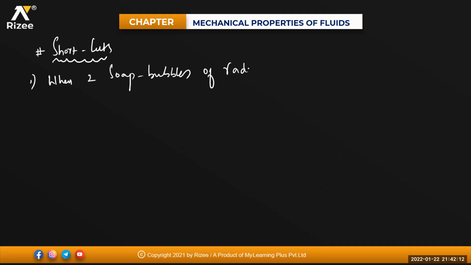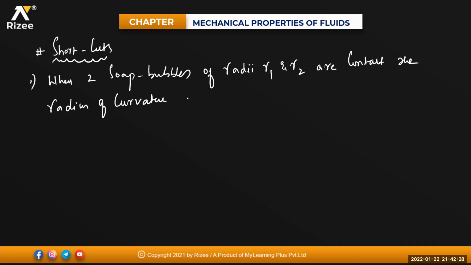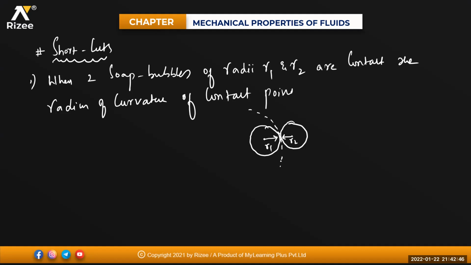If there is one drop like this and another drop like this, this one has radius R1 and this one has radius R2, and this is the common radius.